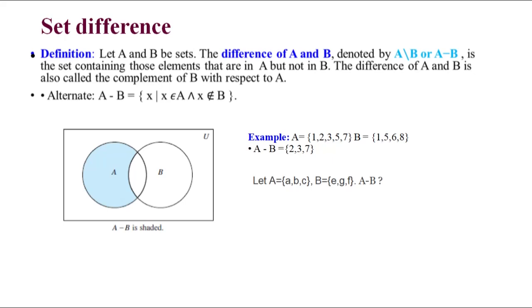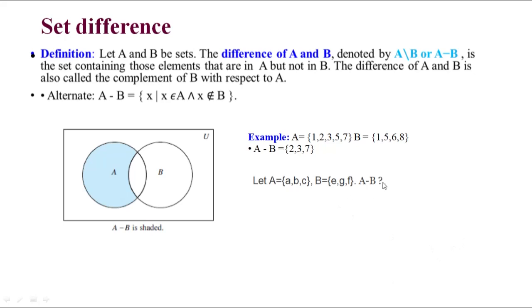So, an example here: A is equal to {1, 2, 3, 4, 5, 7} and B is {1, 5, 6, 8}. So A minus B is {2, 3, 7}. Okay, so elements that are present in A, not in B. Let A is equal to {a, b, c} and B is {e, g, f}.